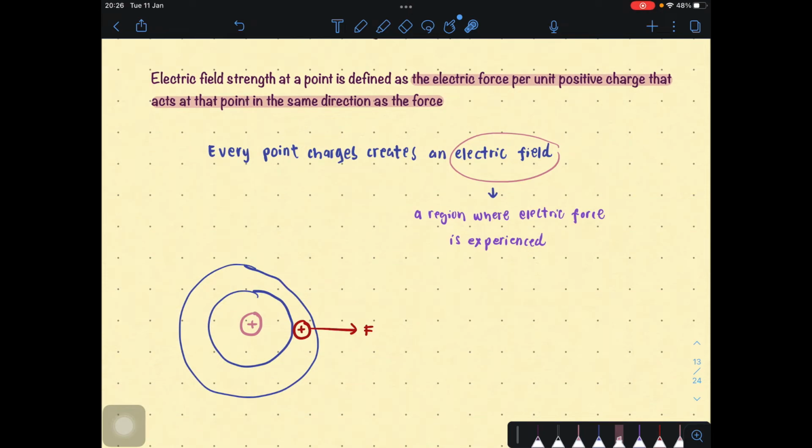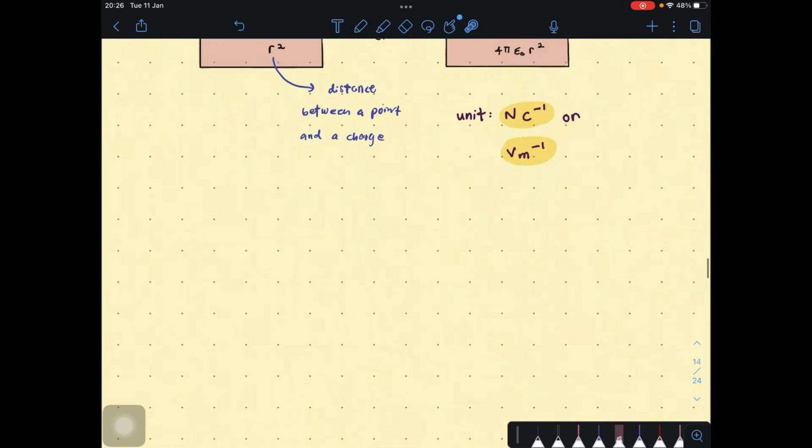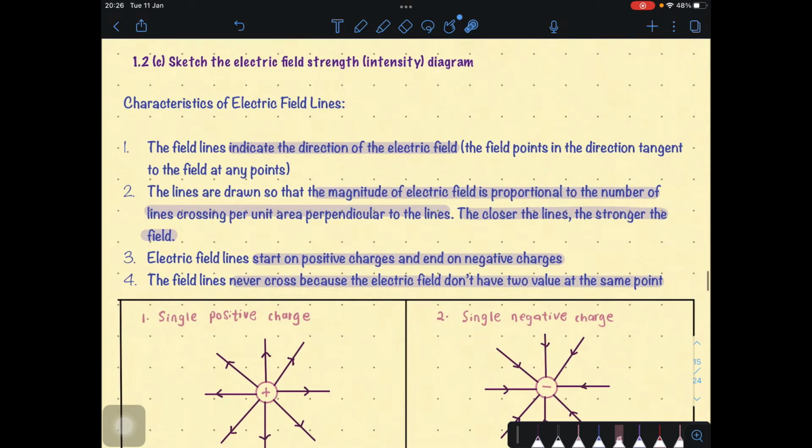Before we go through the definition of the electric field, let's look at the direction of the electric field. This is under learning outcome number 2, which is to sketch the electric field strength diagram. So naturally we need to know the direction in order to draw the diagram.